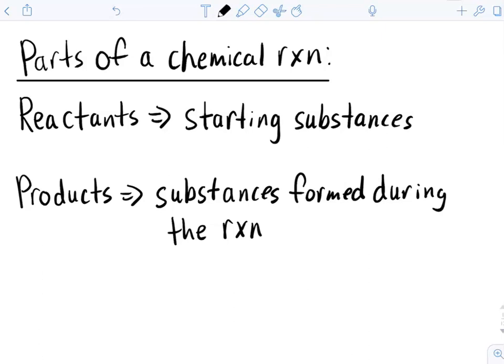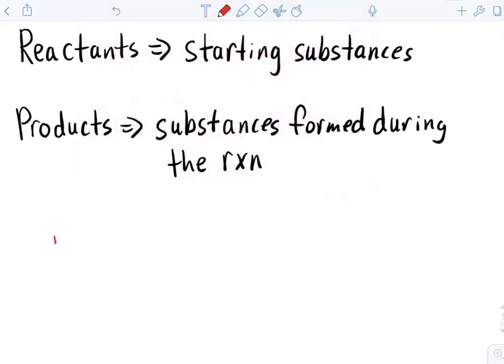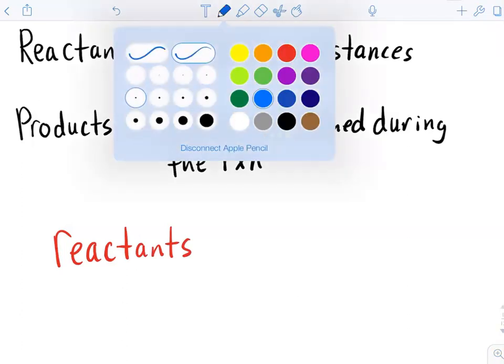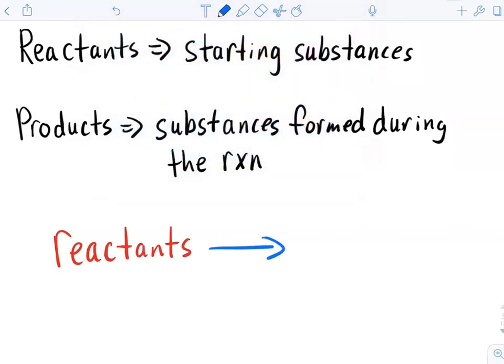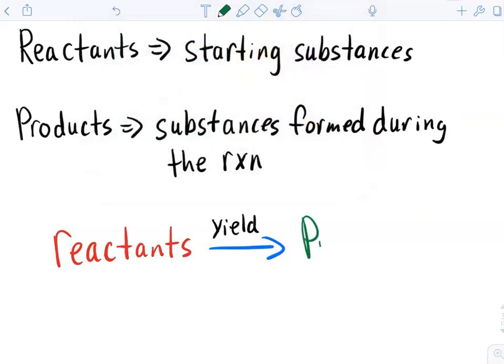Okay? And the way that this is going to be set up is that we're going to see our reactants. What we start with is going to be on the left side. Then we're going to have an arrow. And this arrow just means yield, or that it's going to form our products.